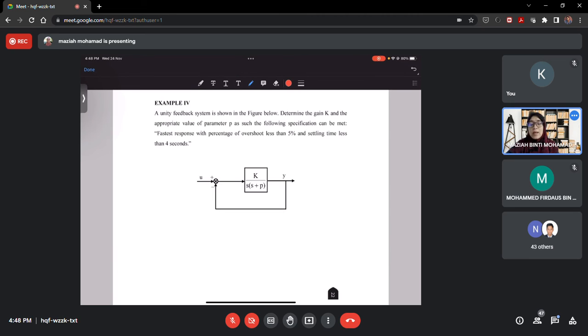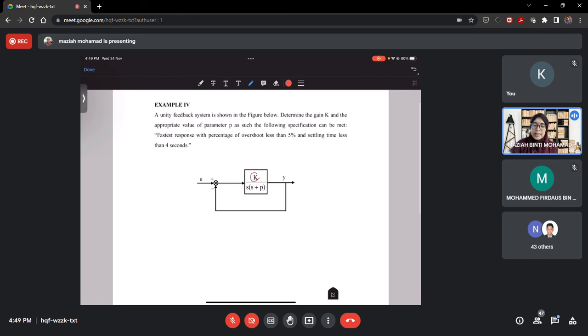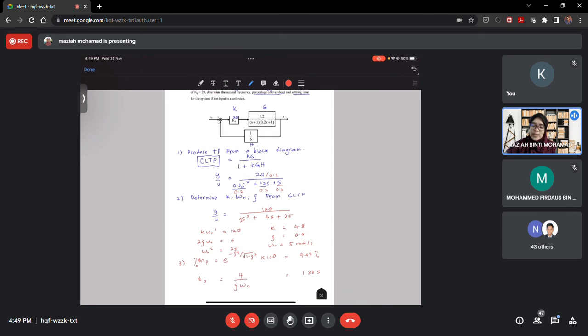In this example number 4, it gives a specification for the indicator lah, like overshoot and the settling time. And then you need to determine the parameter which is K and P here, which is in the closed loop transfer function, right? So the flow is reverse.